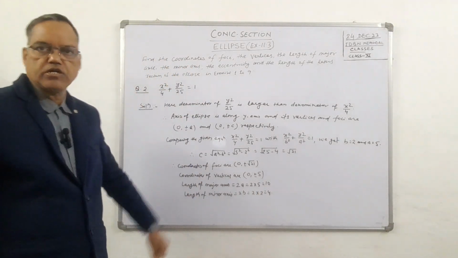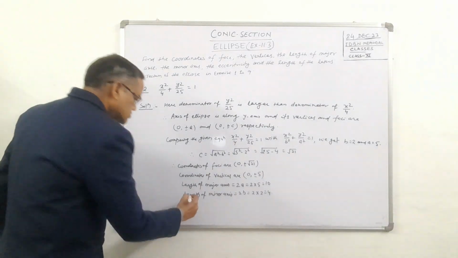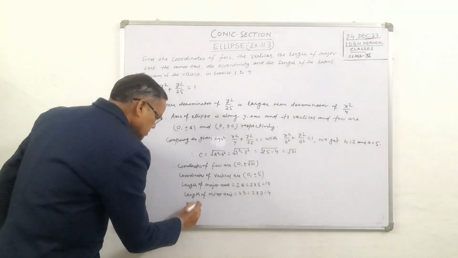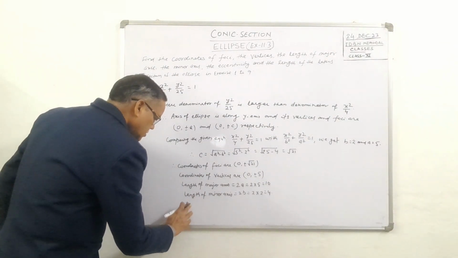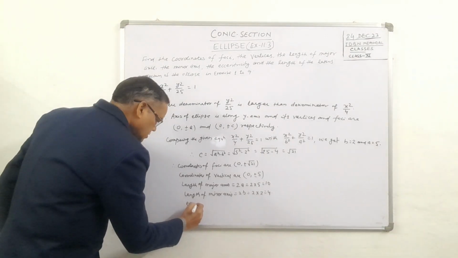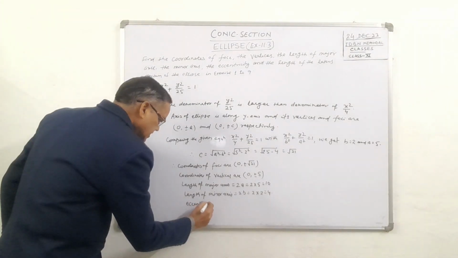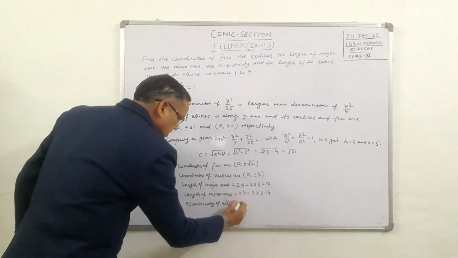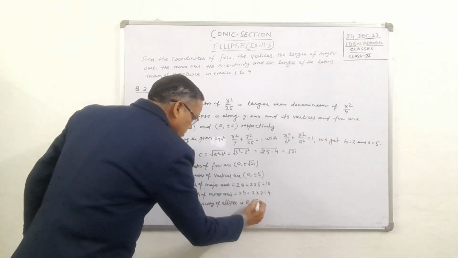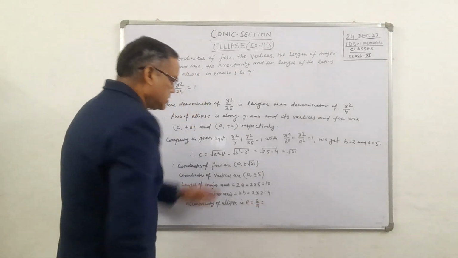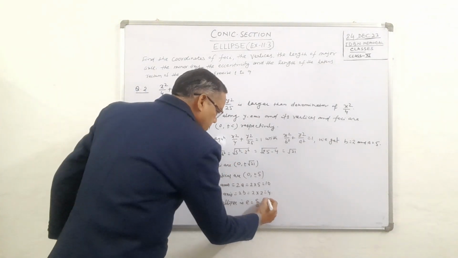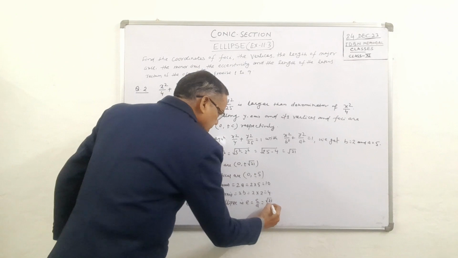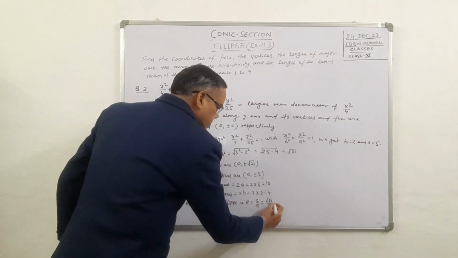Now the eccentricity of the ellipse is e equal to c by a. Here c equal to under root 21 and a equal to 5.